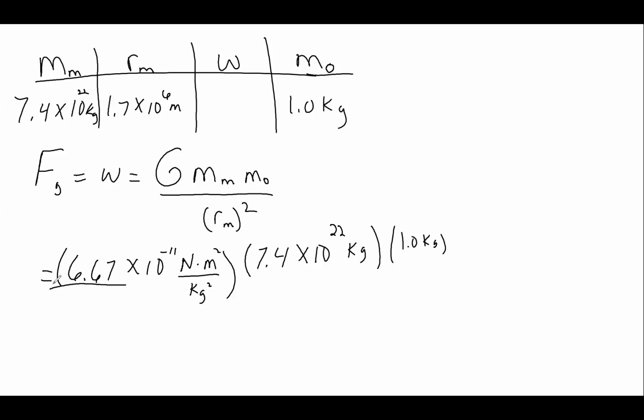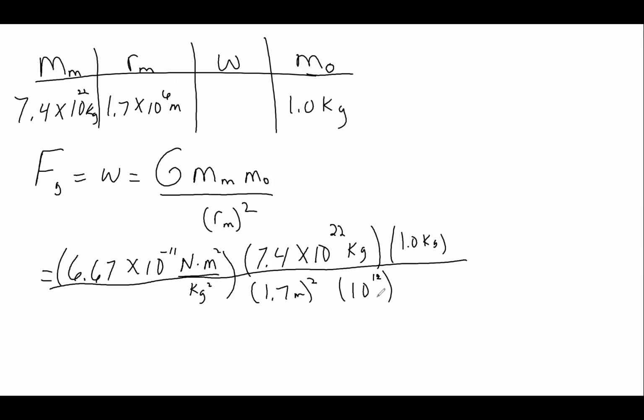And I'm going to divide that by the radius of the moon squared, which means I'm going to square 1.7 times 10 to the 6th meters. And of course, 10 to the 6th squared is 10 to the 12th. Okay, make sure you understand what I did there.